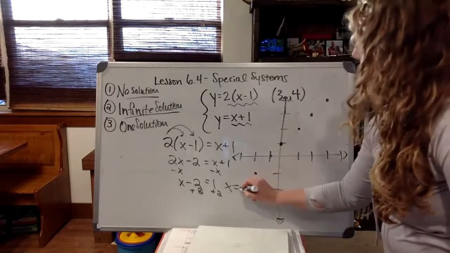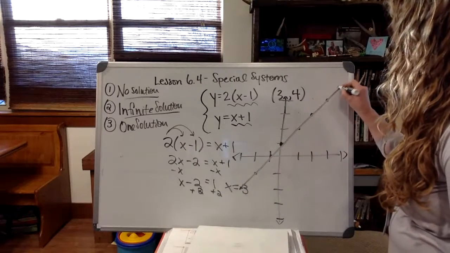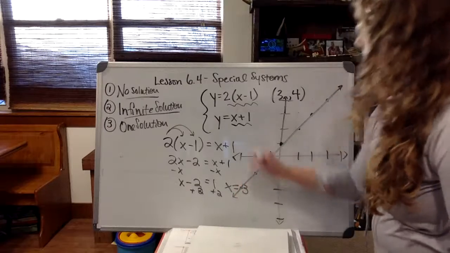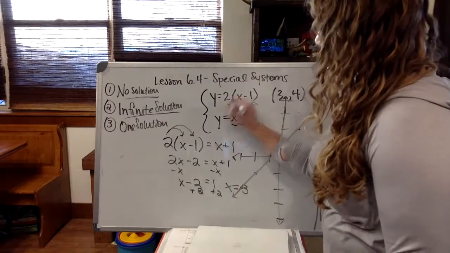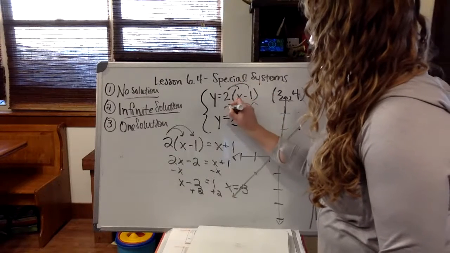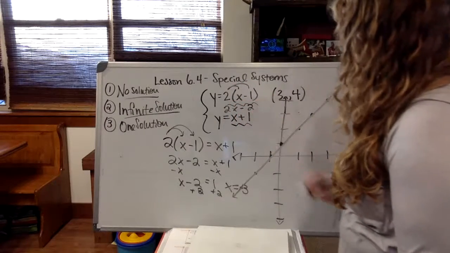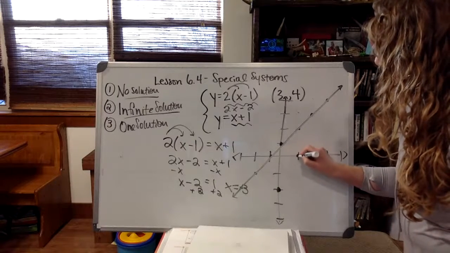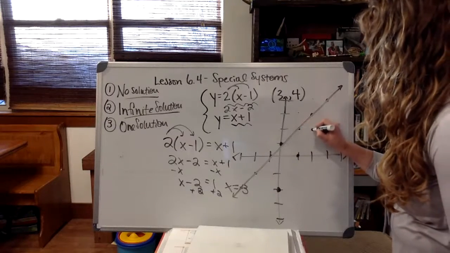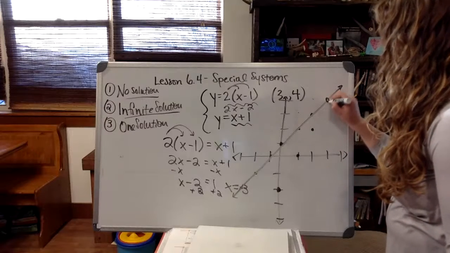Now I can create this second line, y equals 2 times x minus 1. I need to distribute this 2, so I get 2x minus 2. It means I'm down here at negative 2, up 2 to the right one, up 2 to the right one, up 2 to the right one.